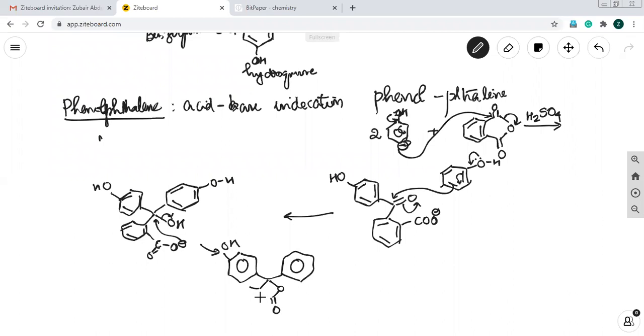See this, this is the structure of phenolphthalein.